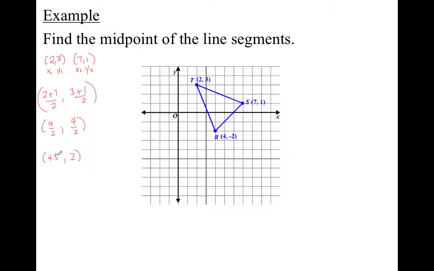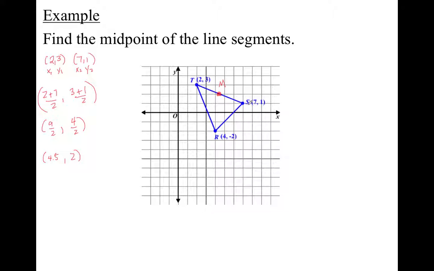That's my midpoint of this segment. So that means that I will actually come up here, start at the origin, count to the right, 1, 2, 3, 4.5. So this is 4.5 right here. And then I will count up 1, 2, and I would see that is my midpoint. And we'll call that midpoint M.